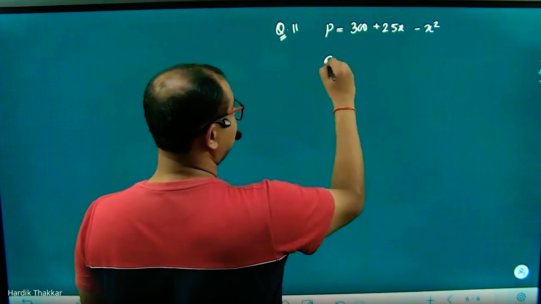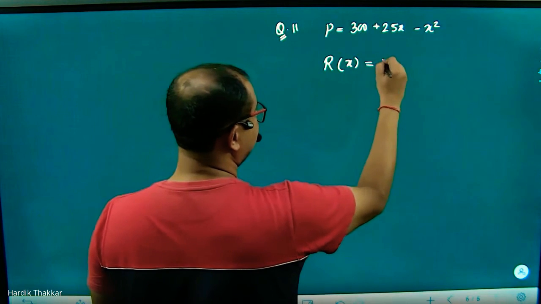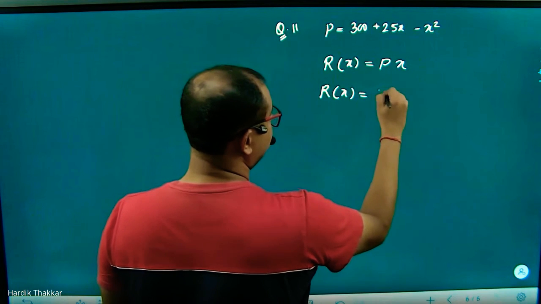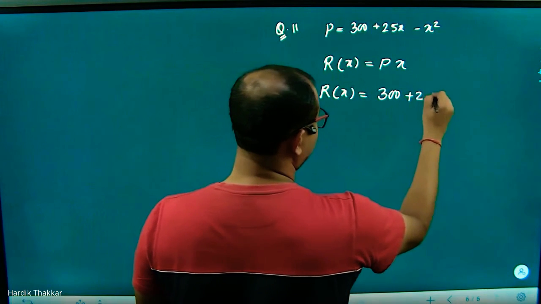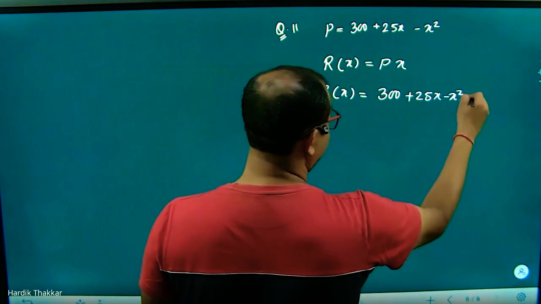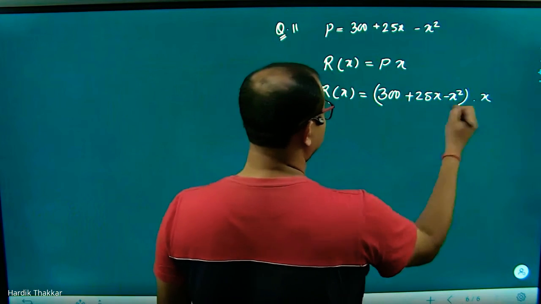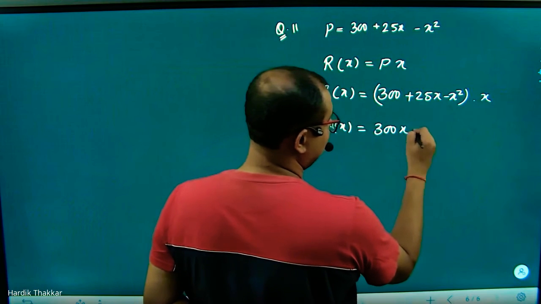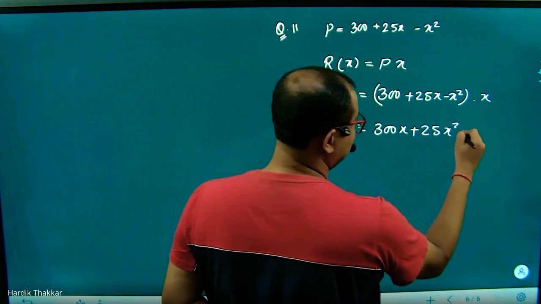So simply revenue R of x is equal to P into x. So R of x is equal to 300 plus 25x minus x square, into x. So the revenue function R of x will be 300x plus 25x square minus x cube.